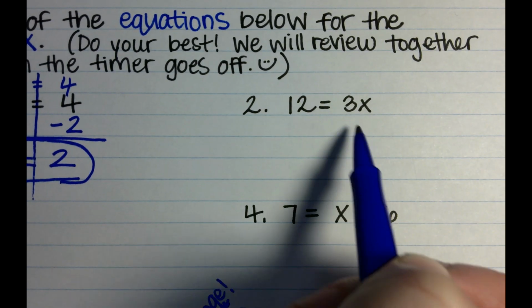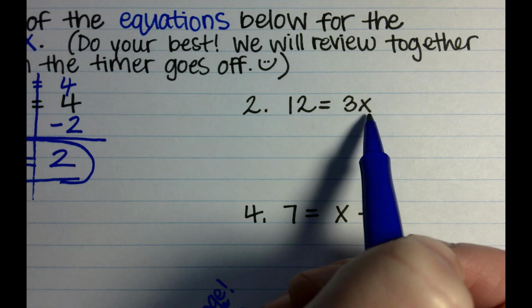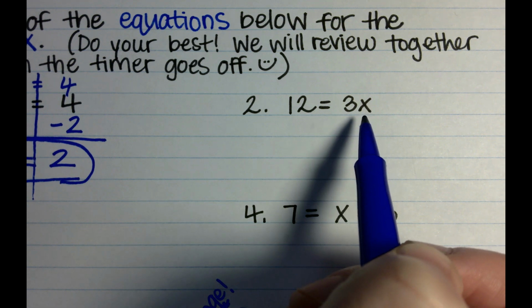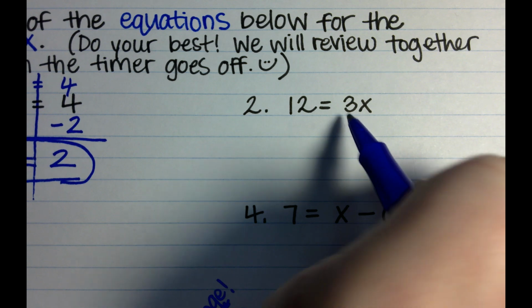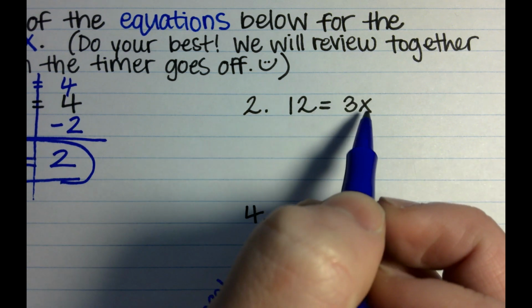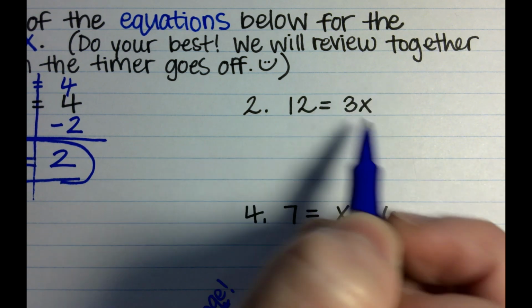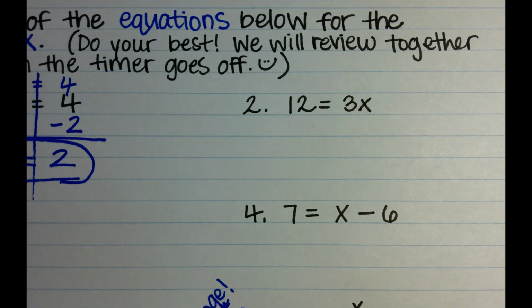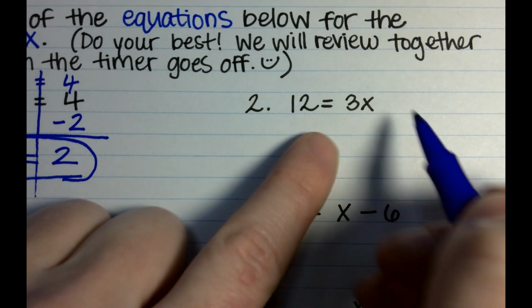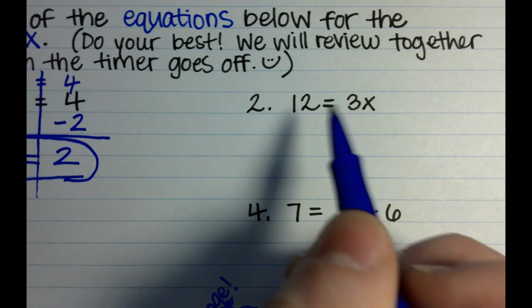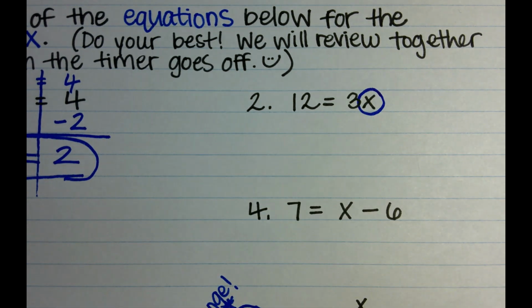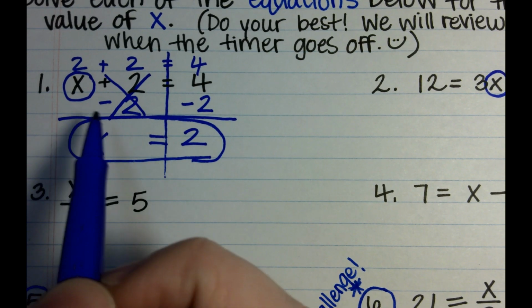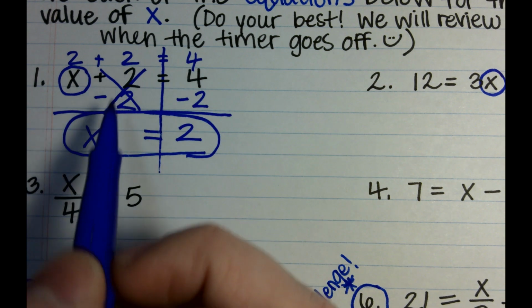But whenever we have 3x or any number next to a letter in math, what's happening is we are multiplying 3 times whatever this number is for x. 4. Oh, yes, it would be 4. Good. So whenever we are trying to get rid of a number and get x by itself, like we did in the other problem, we want to do the opposite always.